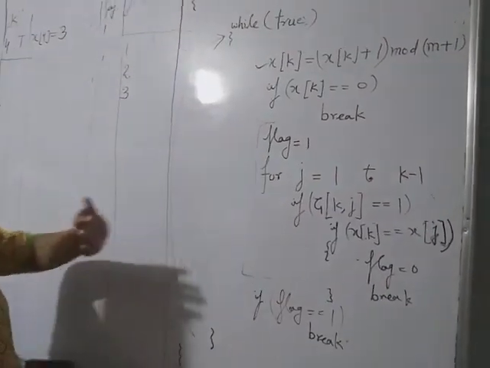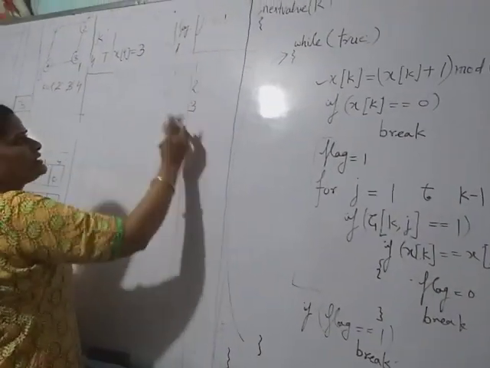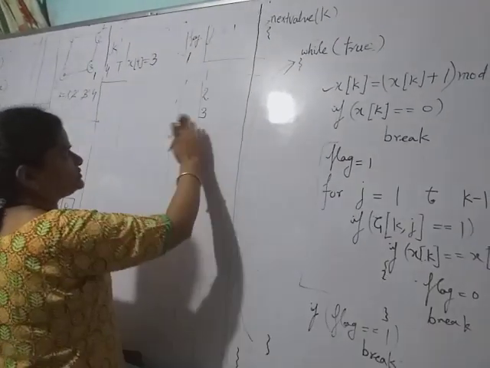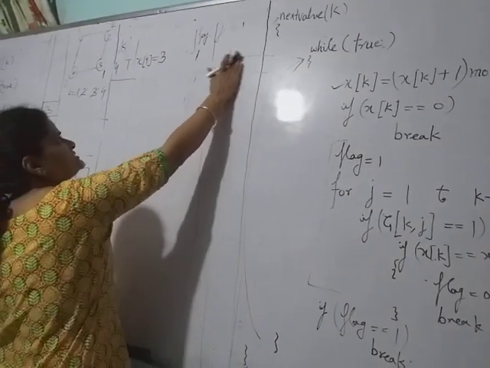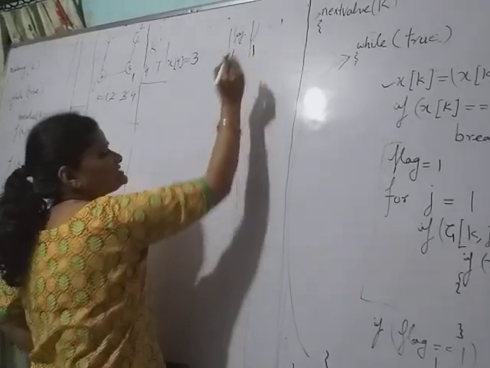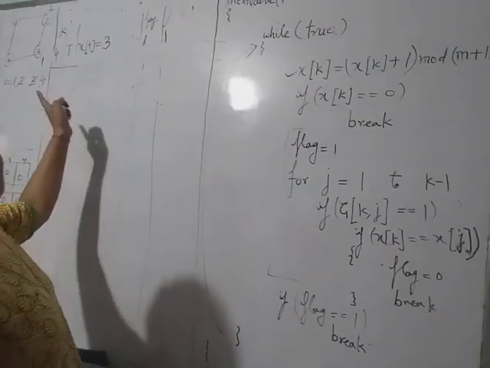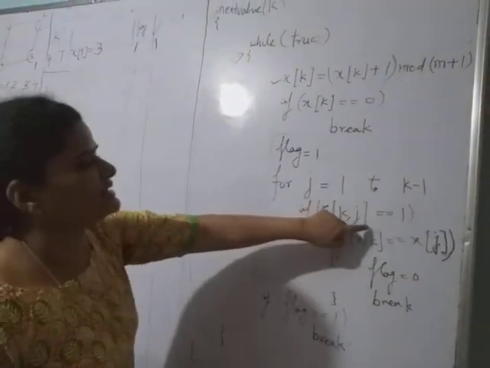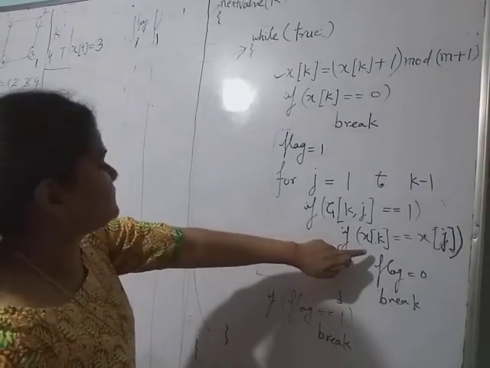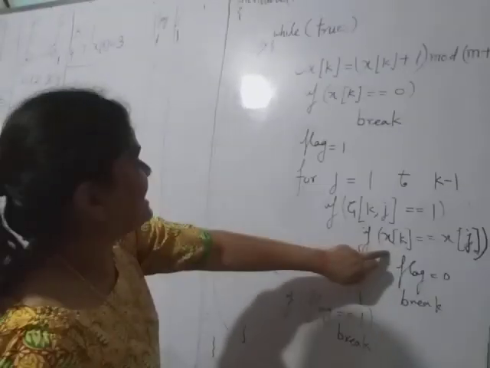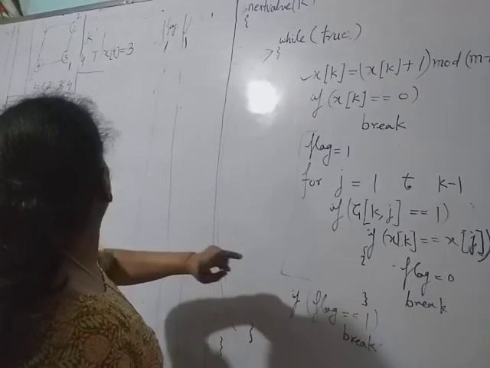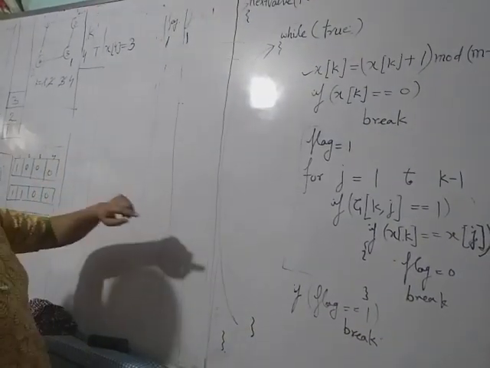Okay, so x4 is 3. x4 is not 0. Again this loop will run with flag equal to 1. The loop will run j equal to 1 to 3. When the value of j is 1, 4 and 1 are adjacent, x4 is 3 and x1 is 1.